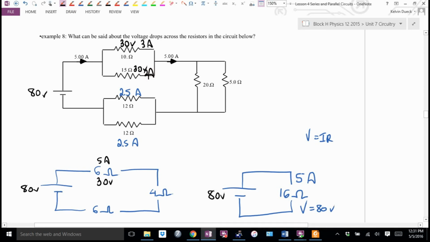They rejoin for 5. Let's analyze this section. Ready, Spence? How many amps are leaving right here? 5. How many amps are going through here? 5. How many amps are right here? 5. How many amps are right here? 5. How many volts do we lose going down this hill? 20.